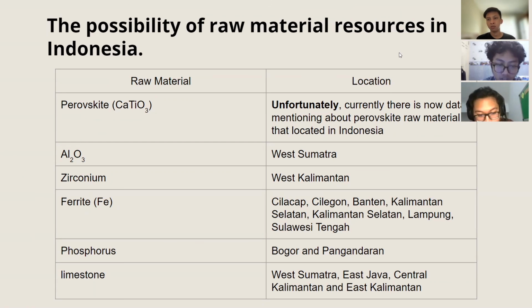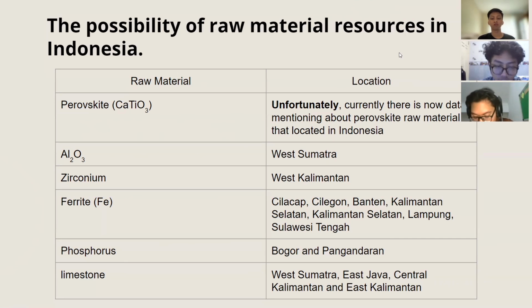Zirconium sand is located in West Kalimantan. While for ferrite or iron, Indonesia has abundant resources, in Cilacap, Cilegon, Banten, South Kalimantan, Lampung, and Central Sulawesi. Meanwhile, phosphorus could be found in Bogor and Pangandaran.